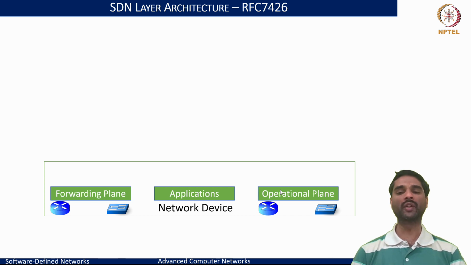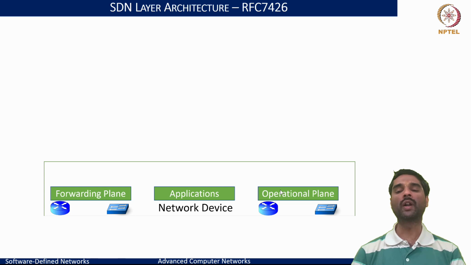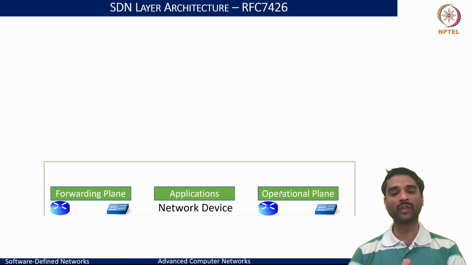And many a time there is an ambiguity between operational and forwarding planes, but we can confine to the understanding that forwarding plane is anything to do with the processing of the packets that the device has to do, and operational plane is with respect to the internal management of the device in itself, be it a physical or a virtual device. Nonetheless, there could be packets that could come for the operational plane.